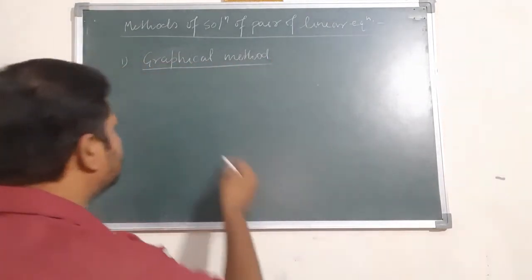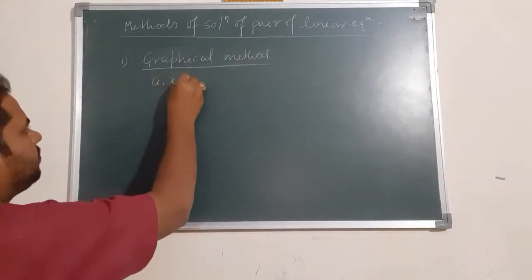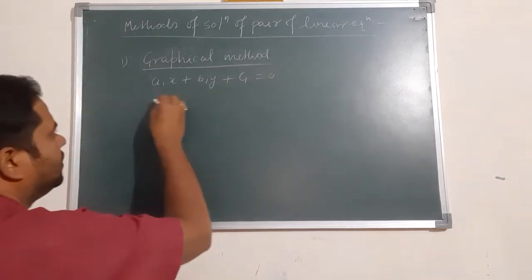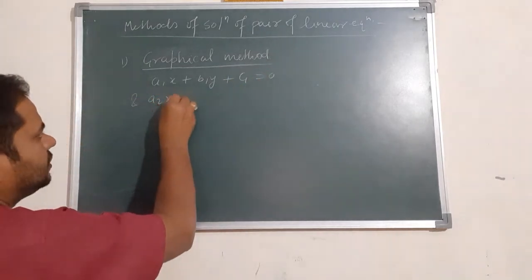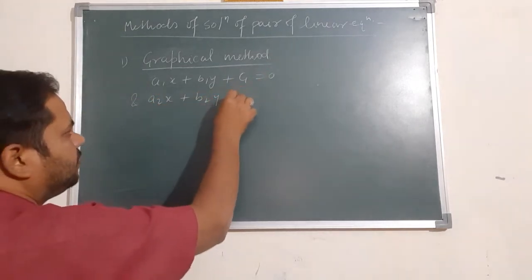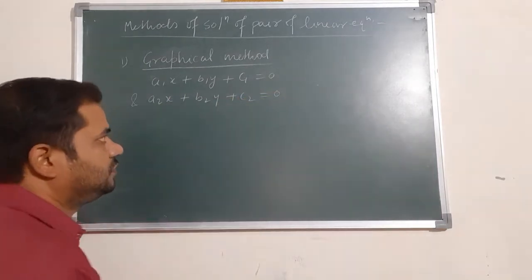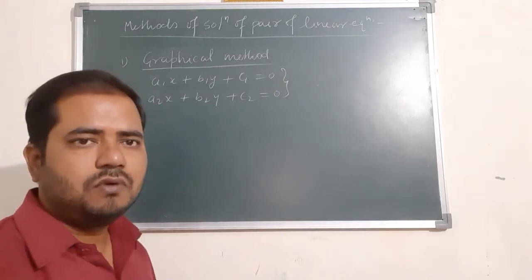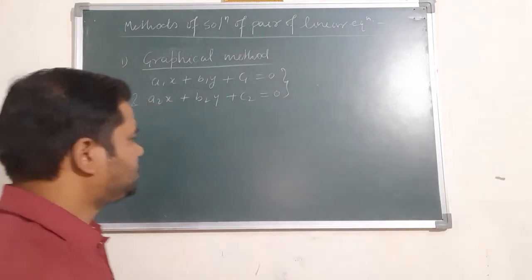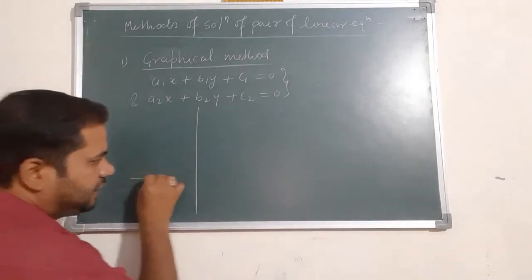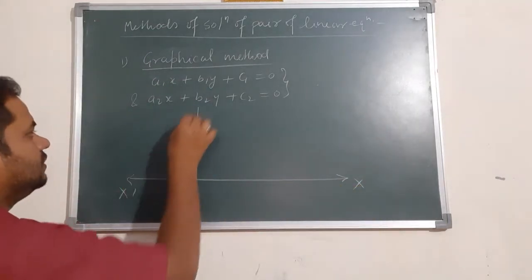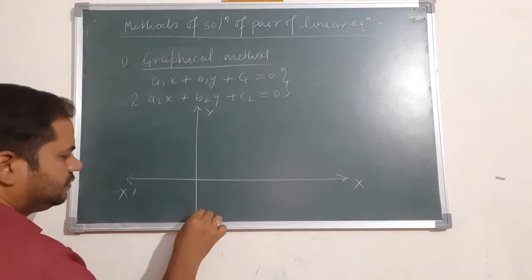Suppose a1x plus b1y plus c1 is equal to 0 and a2x plus b2y plus c2 is equal to 0. These are the pair of linear equation. So how will we solve? First we draw the graph of the first linear equation and then the second linear equation.